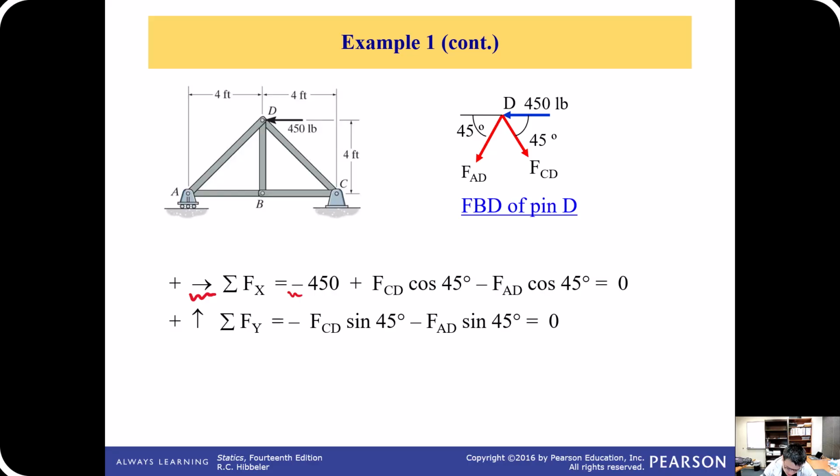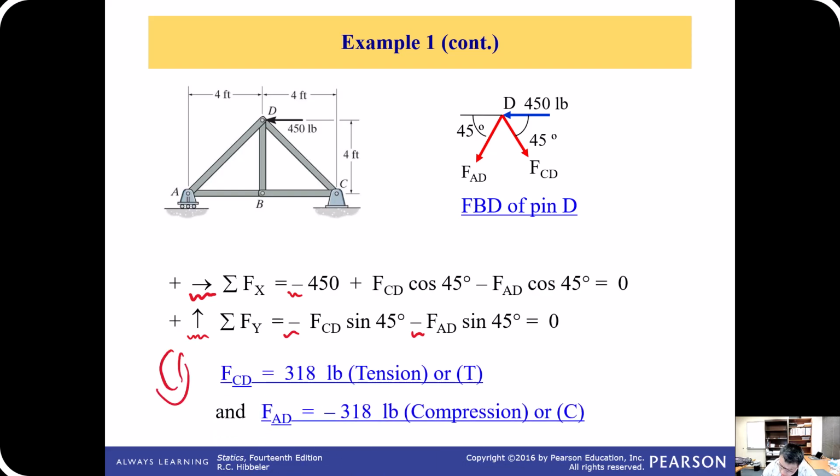For the y direction, I will assume the positive direction is upward. So that's why we have negative for both FCD and FAD: negative FCD times cosine 45 minus FAD times sine 45 equals 0. After solving these two equations, we can get the answers.